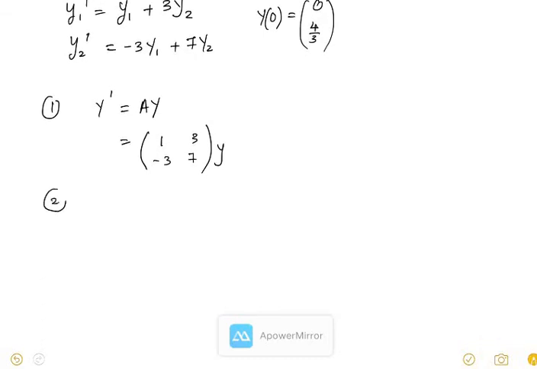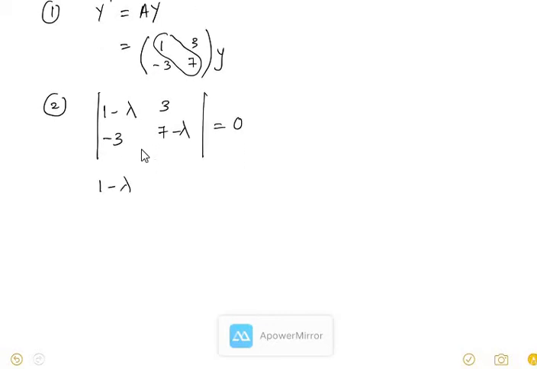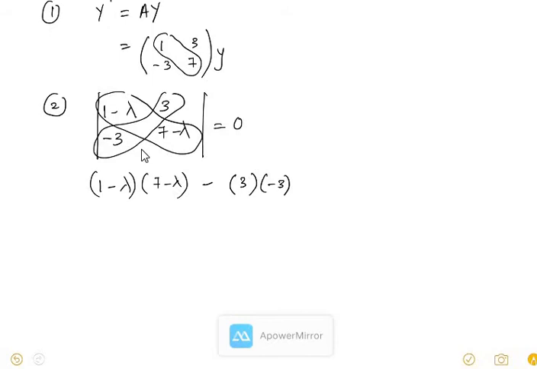And then step 2 is to find the eigenvalue and its eigenvector. So first of all, we use this matrix A. Only this diagonal value will minus lambda. So 1 minus lambda, negative 3, 3, and 7 minus lambda. So 1 minus lambda multiplied with 7 minus lambda. Okay, and then minus 3 times negative 3 equal to 0.